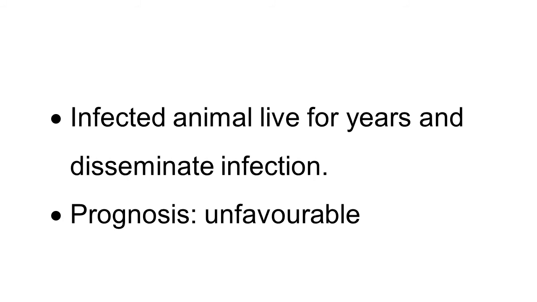The infected animal lives for years, but it disseminates the infection and is potentially dangerous for other horses. Please remember, prognosis is unfavorable. This is an incurable disease. Prognosis is not favorable.